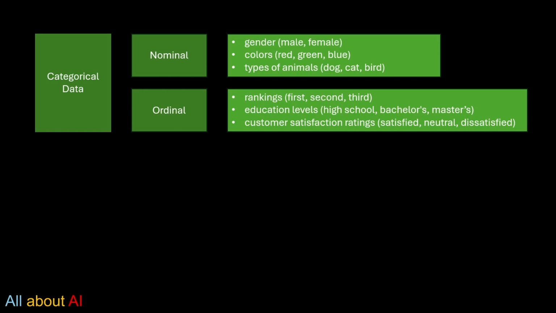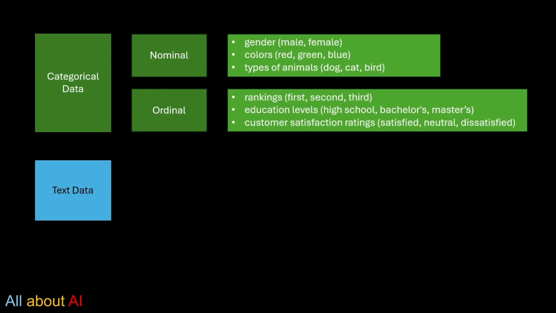There is no order in the data. Types of animals, dog, cat, bird. But when this categorical data has some order, say ranking, first, second, third, educational levels, high school, bachelor's, master's, customer satisfaction ratings, satisfied, neutral, dissatisfied, all these have order. So they are called ordinal data.